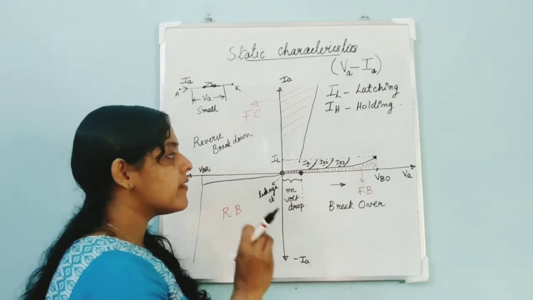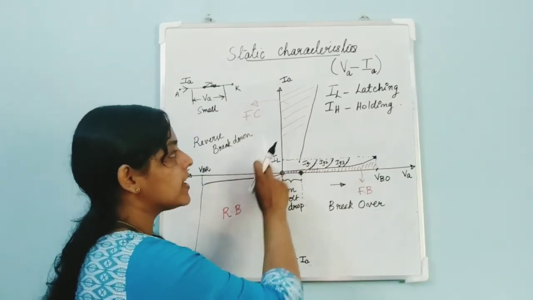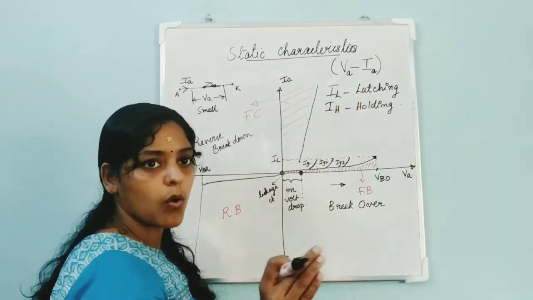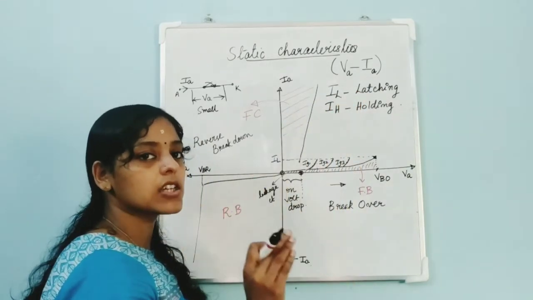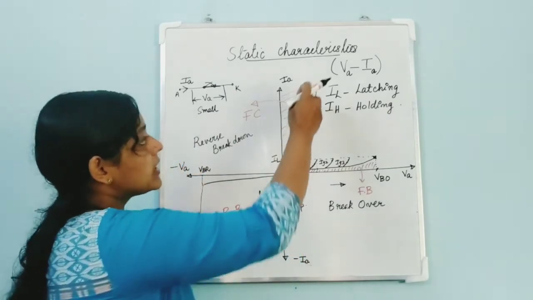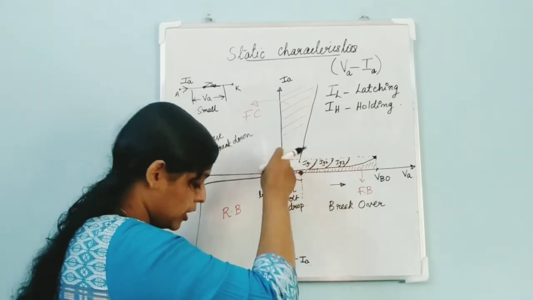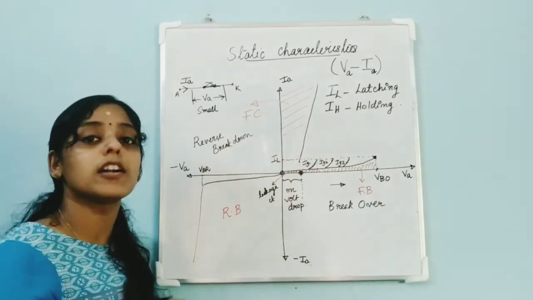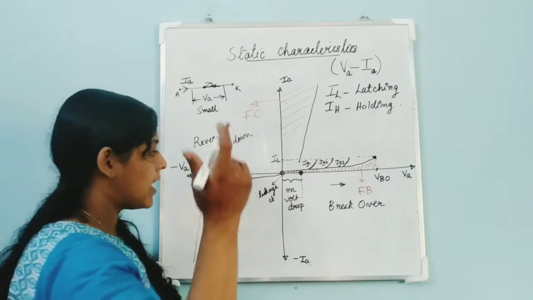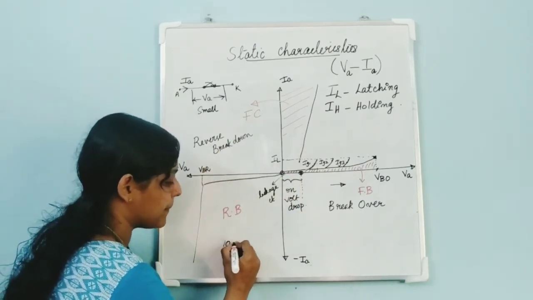Okay, so whenever the anode current increases and becomes equal to latching current, the device will get turned on. Only when the current reaches latching current, the device will be turned on. But if you decrease the anode current below latching current, the device will not be turned off. Okay, so assume that your latching current is 100 ampere.